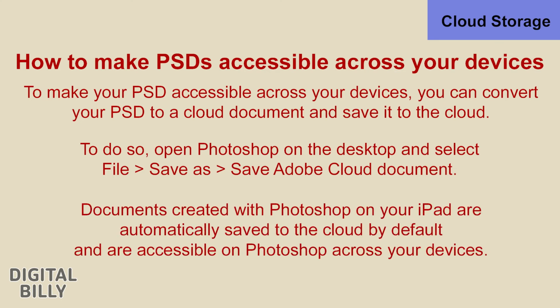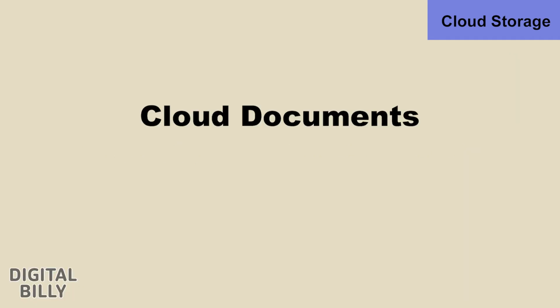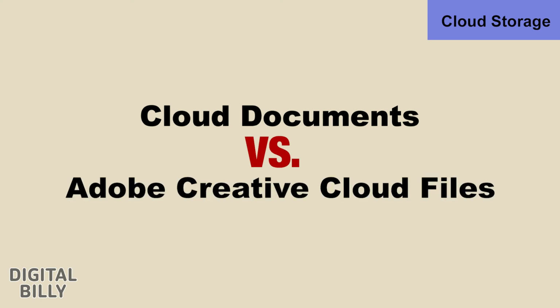Documents created with Photoshop on your iPad are automatically saved to the cloud by default and are accessible on Photoshop across your devices. But, this is not possible with Photoshop Elements. I hope that the previous information helps you understand what cloud documents are, and how they differ from the Adobe Creative Cloud files.